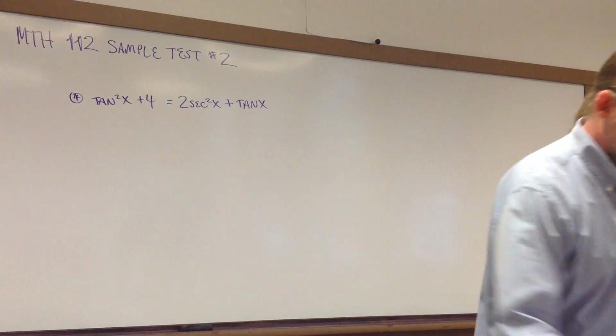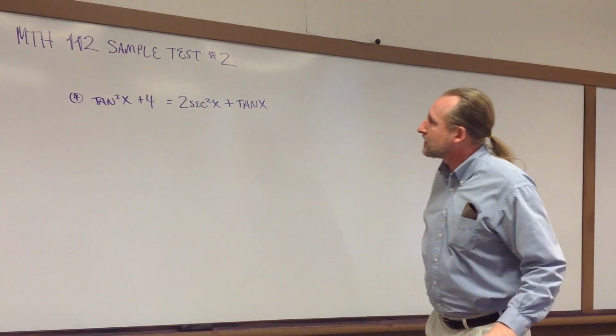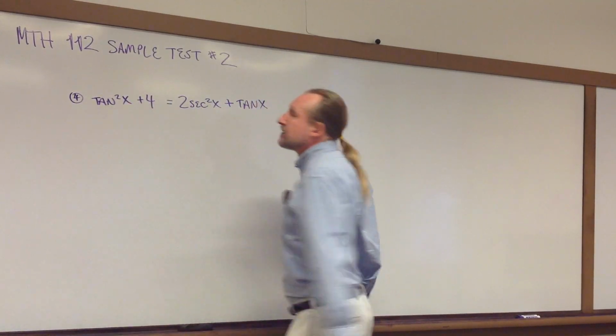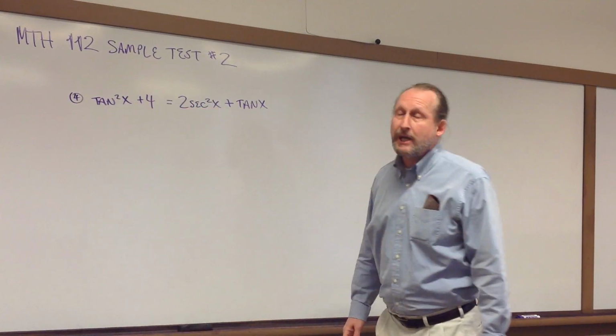So the key here is really to identify the linear term. The tangent is the linear term. So we want all of the squared pieces to be in terms of tangent. This one is fine. This one we should change.